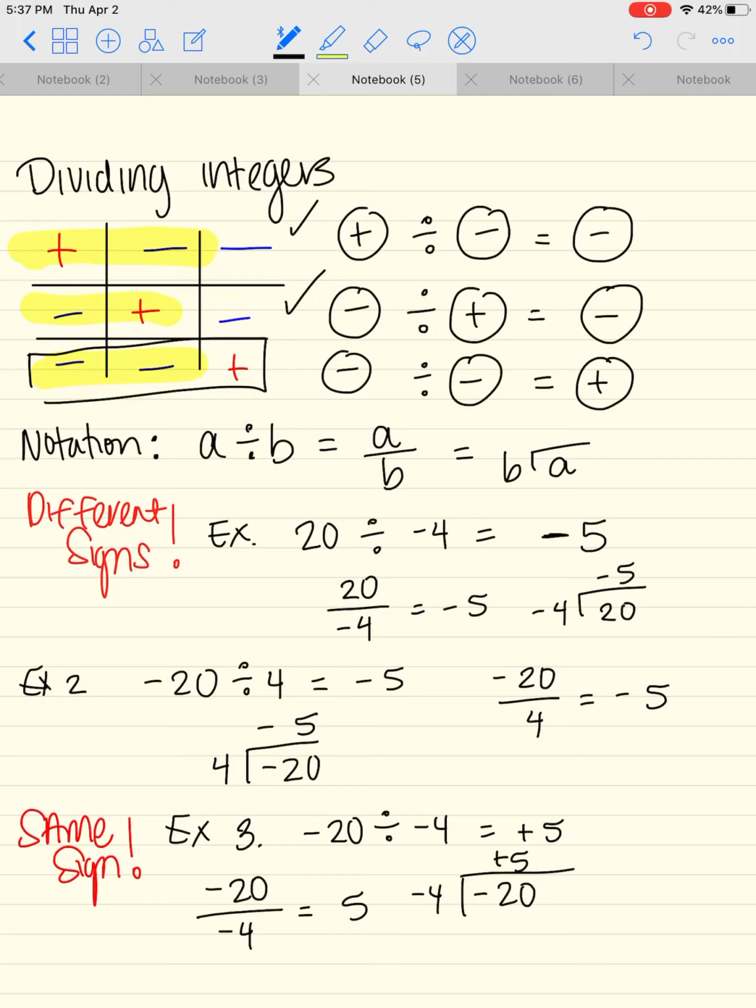So, it doesn't matter how you write it, a negative dividing by another negative is always going to be a positive. And obviously, if you're dividing a positive by a positive, it'll also be a positive. Okay? So, if you just realize, we just basically created a rule for multiplying and dividing integers.